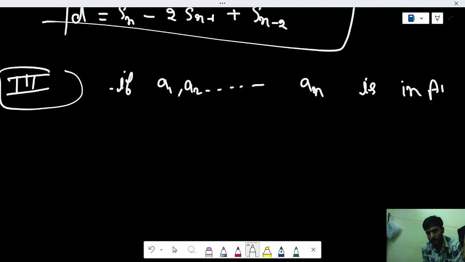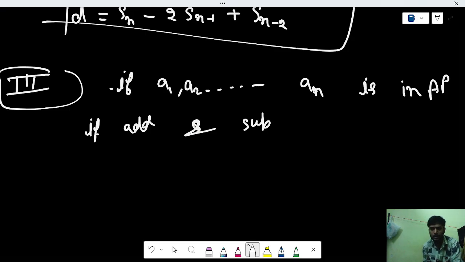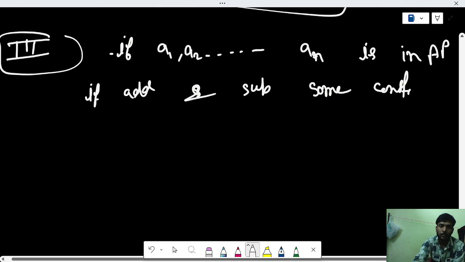if we add or subtract some constant number, then it is also in AP.